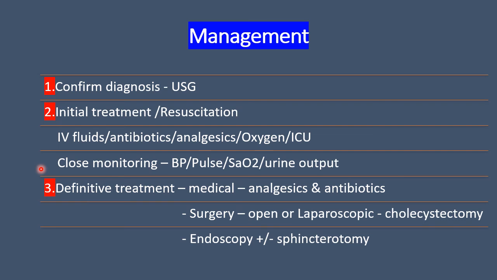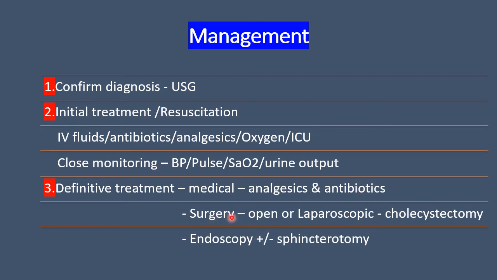When the patient is stabilized with all these initial treatments, then you proceed with the definitive treatment. So in this case, first is medical treatment, which consists of analgesics and antibiotics. And the antibiotics normally given for gallstone acute cholecystitis will be cephalosporin plus or minus metronidazole.